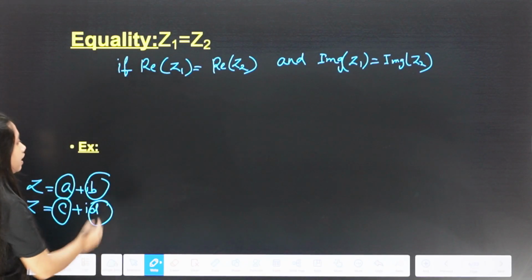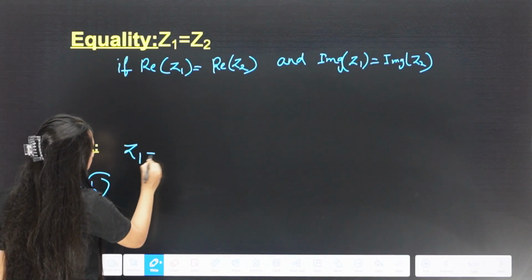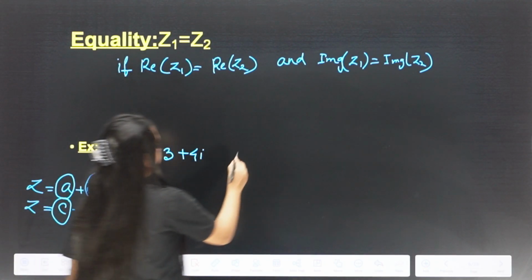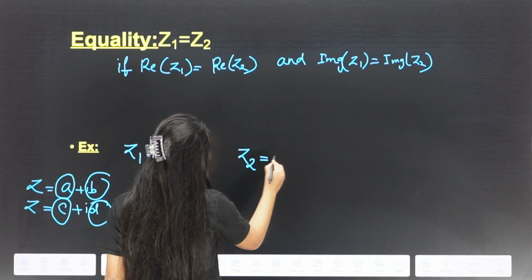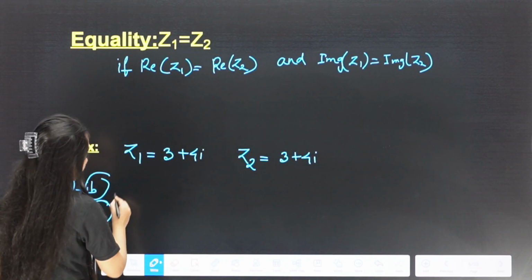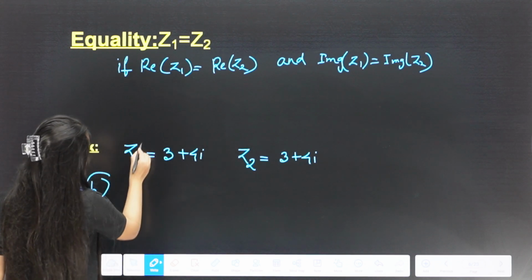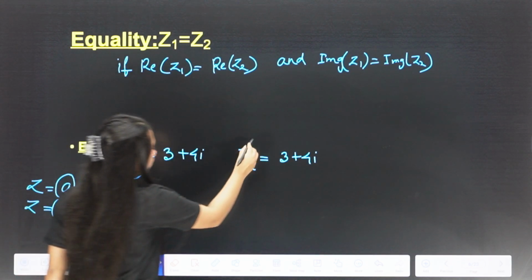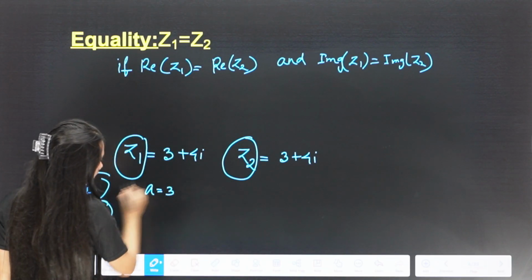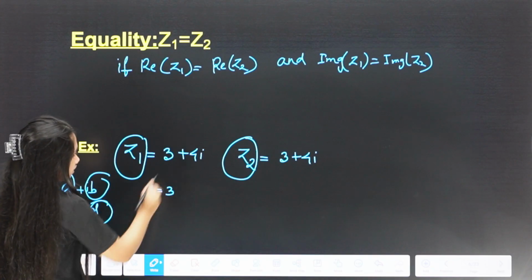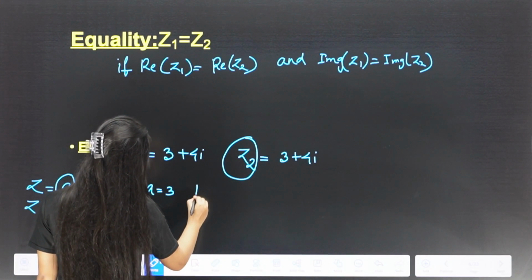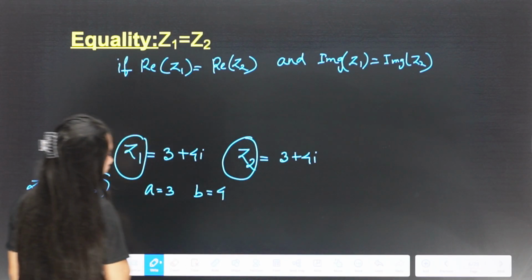So for example, I have taken z1 equal to 3 plus 4i. Again, I have taken z2 equal to 3 plus 4i. Here are two different complex numbers, which we denoted by z1 and z2. Here a is equal to 3, and the imaginary part is 4i, so b is equal to 4.